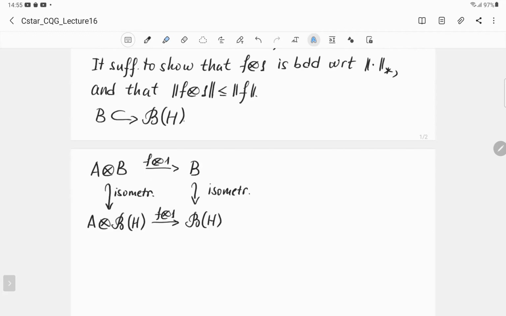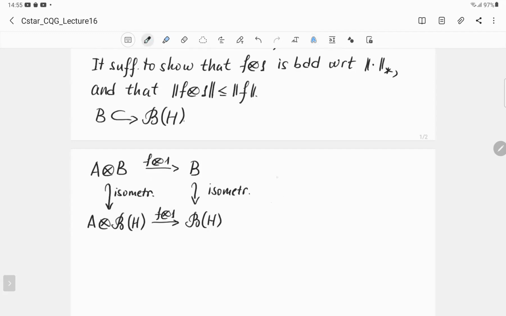So this picture shows that everything is reduced to the case where B is exactly B of H, because if we know that this map is bounded and its norm is less than or equal to the norm of f, then the same is true for this map, because the vertical arrows are isometries.